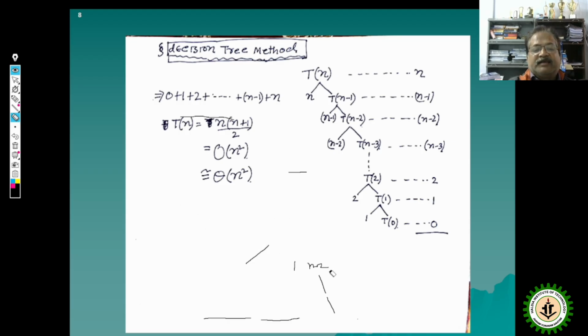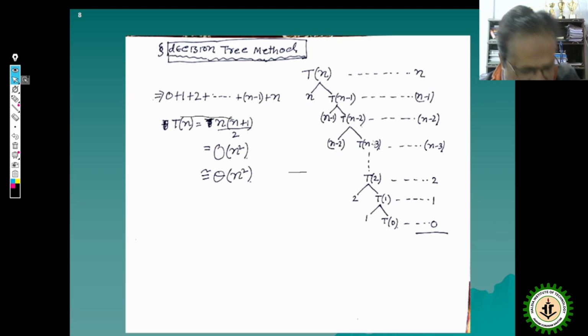I have given one example here and I have found out the time complexity. So here it is n, T(n minus 1). Now it is n minus 1, n minus 2, n minus 2, n minus 3. Similarly, if we move on, at the end what we can get?